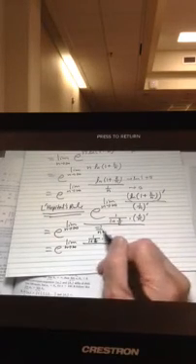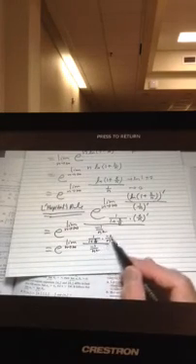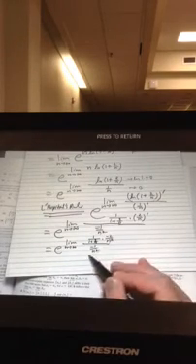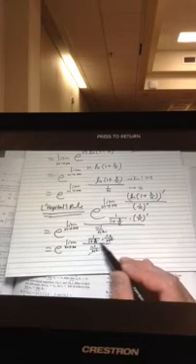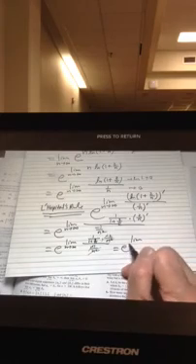I can cancel the n squared and the negative sign as well, so this eventually becomes the limit as n approaches infinity.